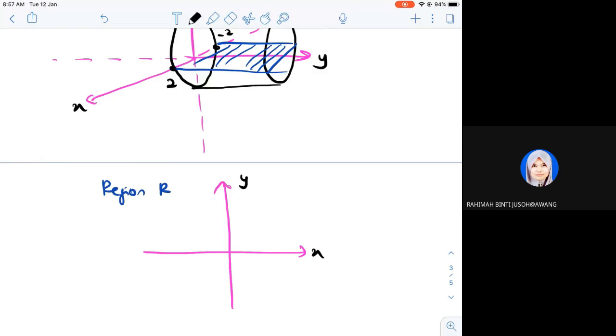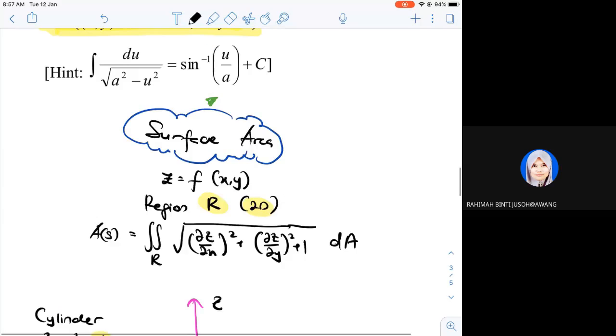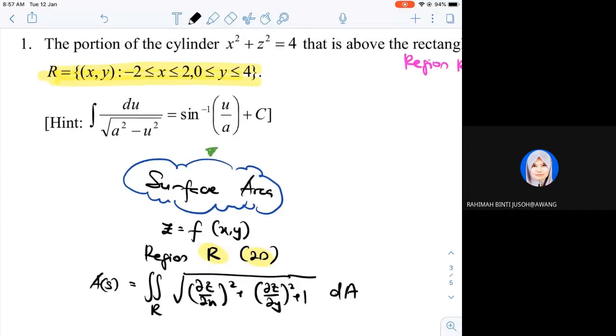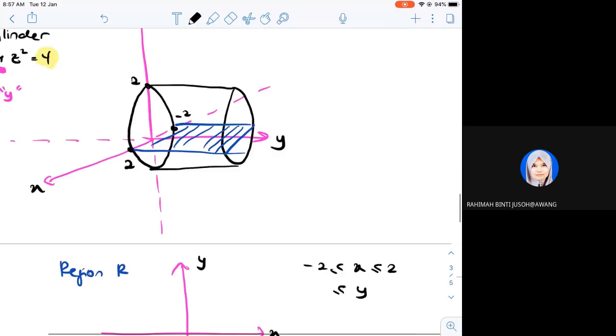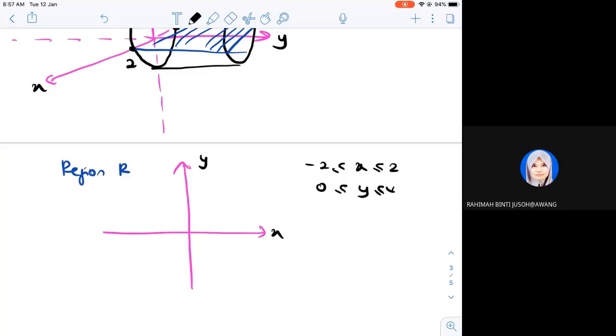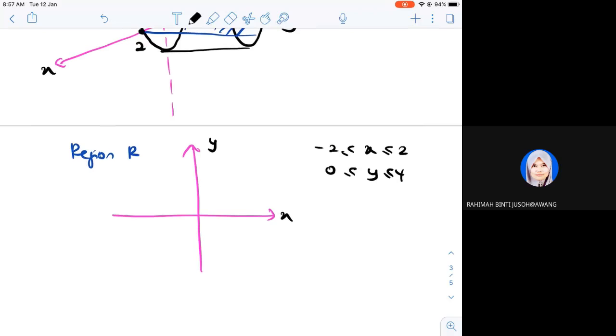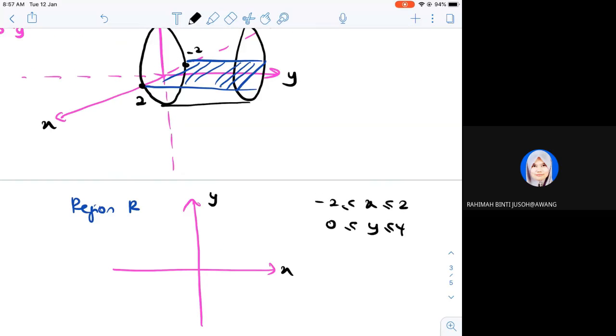So X and Y. It said that the interval, we have X from -2 until 2, and then Y from 0 until 4. Okay, 0 until 4. So we have X from -2 until 2, and then Y until 4.